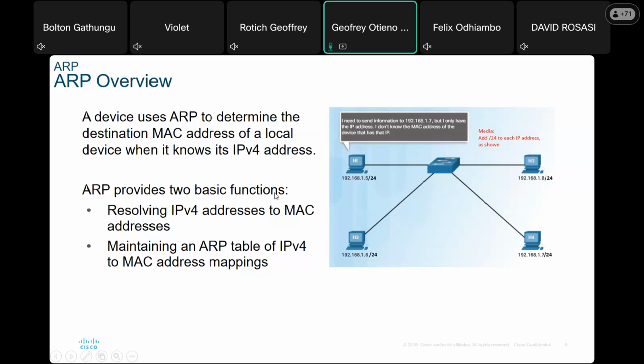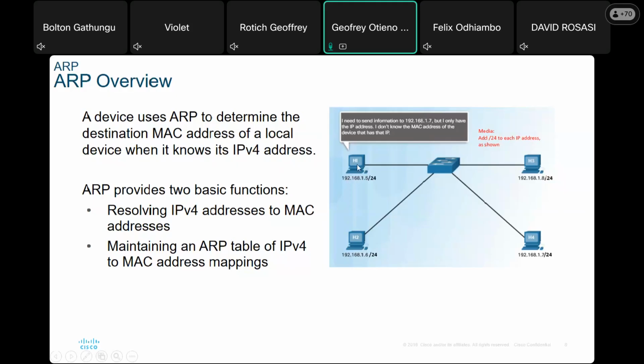IPv4 address. I have your IP address. I don't have your MAC address. I have your layer 3. I don't have your layer 2. So this is actually why ARP is now coming in to resolve those IPv4 addresses to MAC addresses.